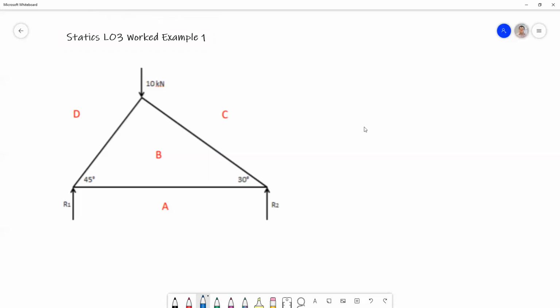So how we'll go about finding this out is using Bow's notation, or what we call nodal analysis, which means taking each node, and for example, this is a node here, it's a point where members and forces intersect, and doing a scale diagram to work out the forces based on our understanding that every node will be under static equilibrium.